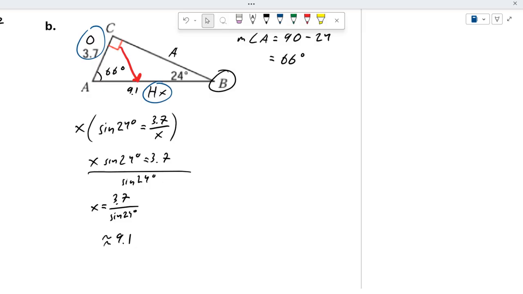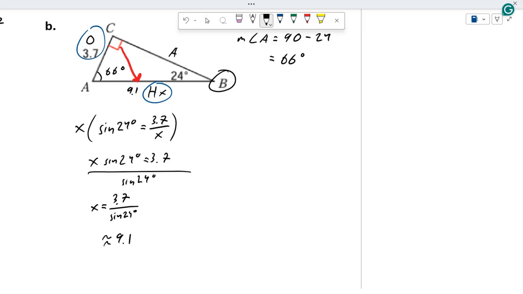The only issue is that if you're going to use it, you want to use the exact answer of 3.7 over sine of 24 and not the 9.1. And that's a little cumbersome, right? Because you don't want to use rounded answers to get additional final answers. So even though you could use the Pythagorean theorem in this question, I personally would not.